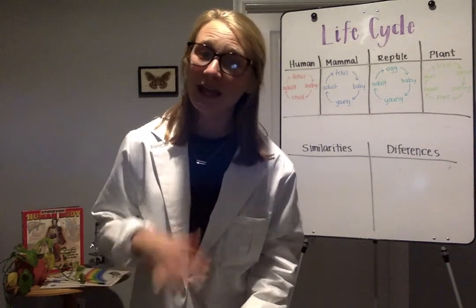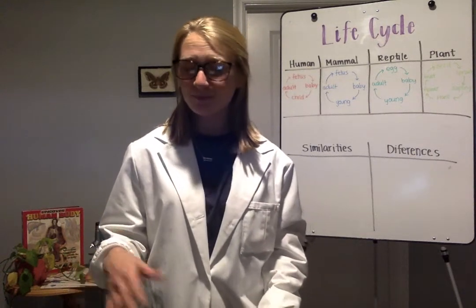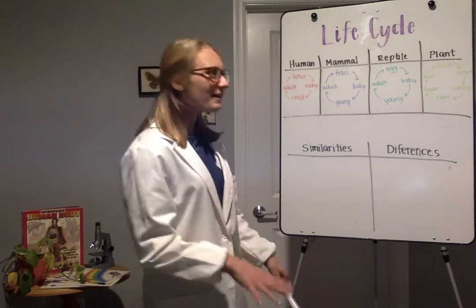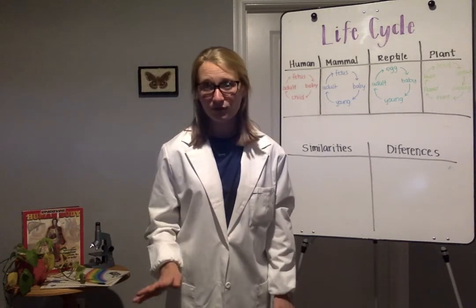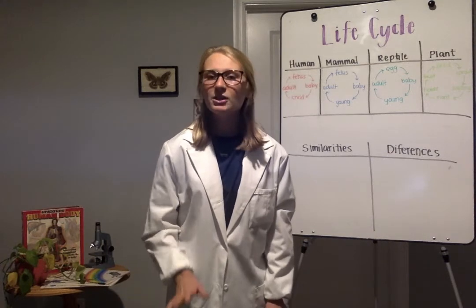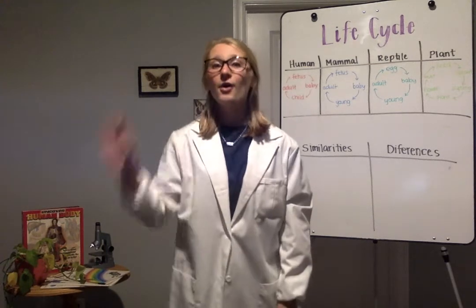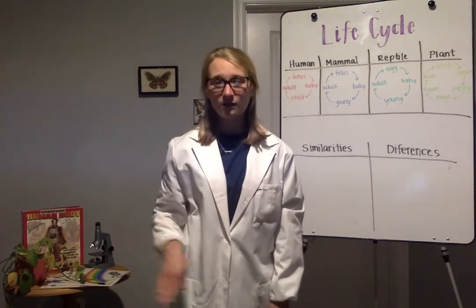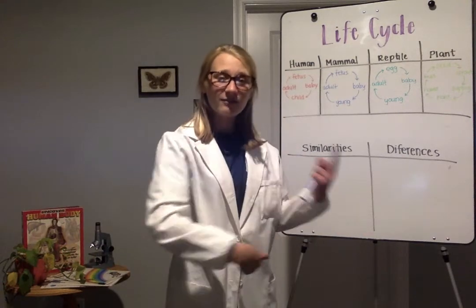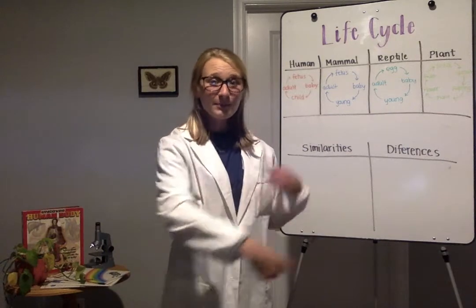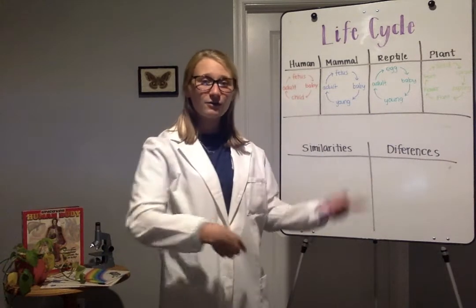I'll talk through it, and later you'll have pictures to help. So, life cycles are the series of changes that living things go through during their lifetime. And we know that those changes repeat over and over and over, just like the wheels on our bicycles spin around and around. Life cycles repeat over and over and over.